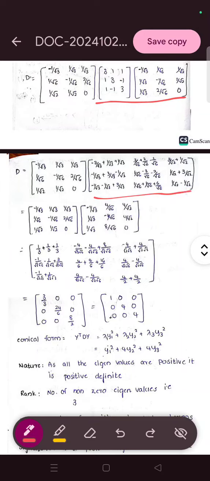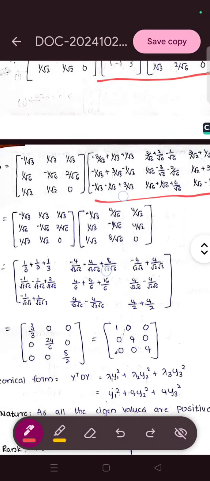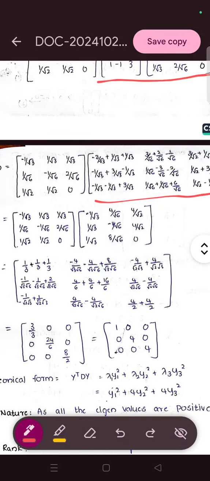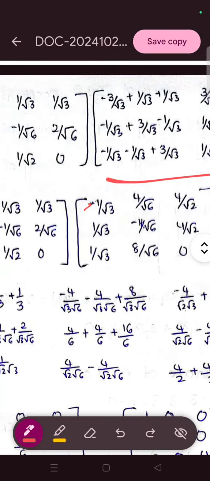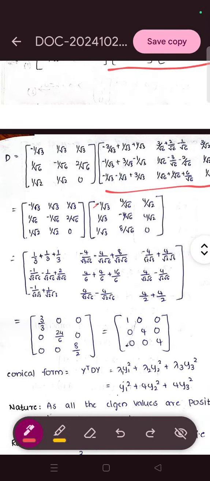So if we solve this, we get 1 by root 3, minus 1 by root 3, 4 by root 6, 4 by root 2, 1 by root 2, 1 by root 3, minus 4 by root 6, 4 by root 2, and 1 by root 3, 8 by root 6, 0.